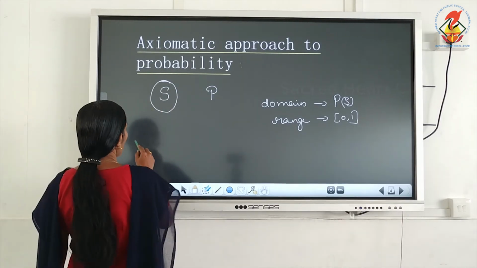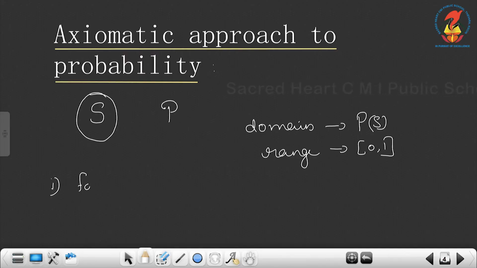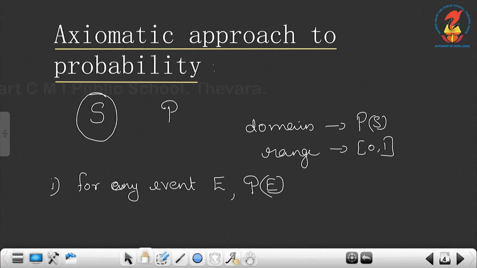The first axiom: for any event E, the notation for event is E, the probability of this event must be greater than or equal to 0. The second axiom is that the probability of the sample space is always equal to 1.